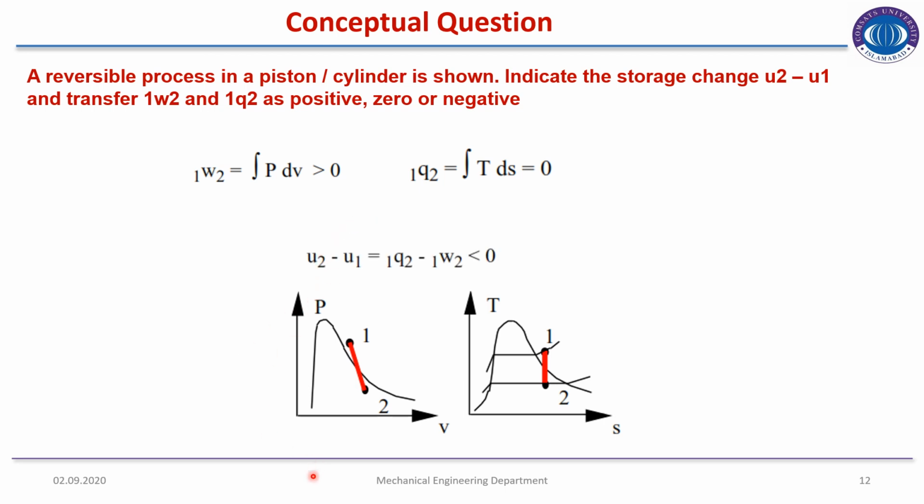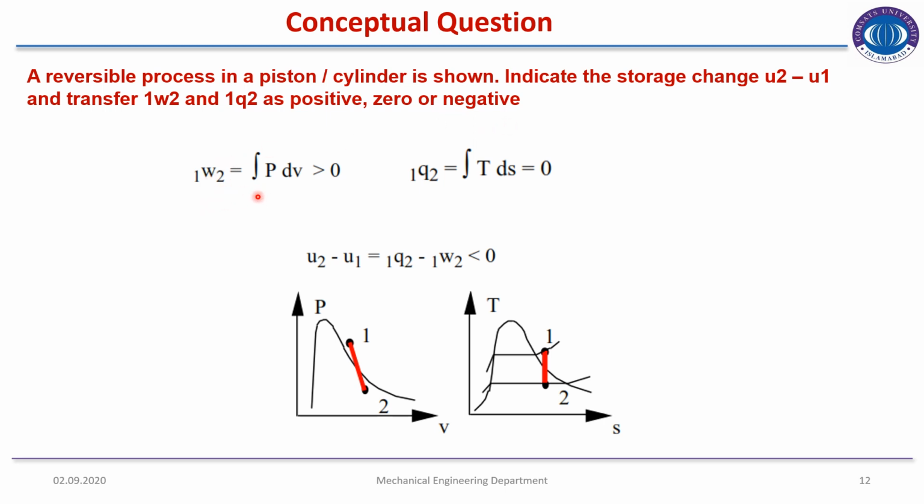So the reversible piston cylinder process is shown, with a PV and a TS diagram representing it. You are asked to indicate whether the U2 minus U1 term, the work and the heat transfer are positive, negative or zero.